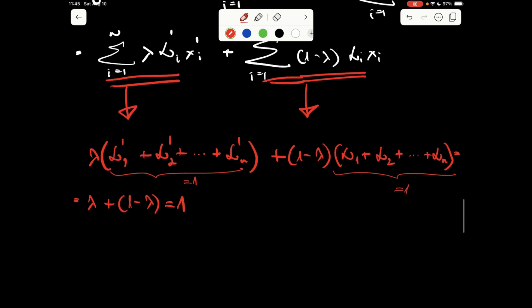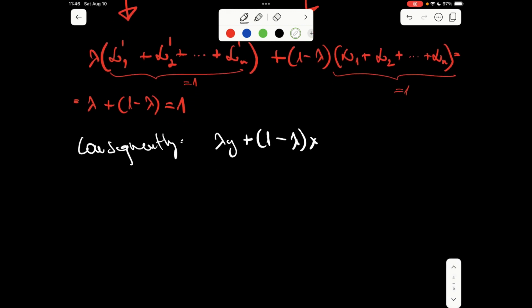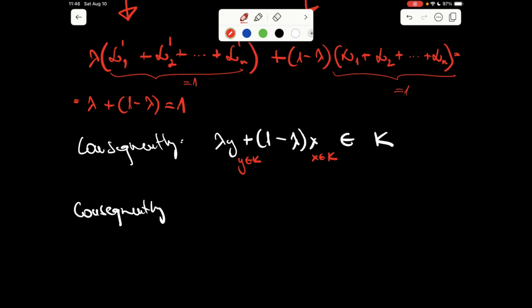So, consequently, this convex combination is a convex combination of vectors in S, so it must be in K. So this convex combination must be in K. And consequently, please remember, y is in K, x is in K, and a convex combination of vectors in K is in K, so K must be convex.